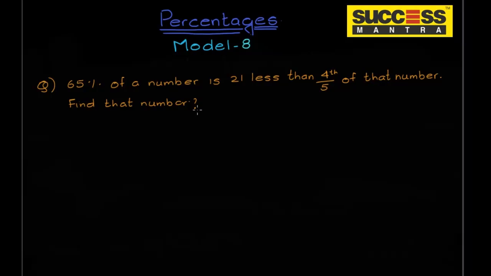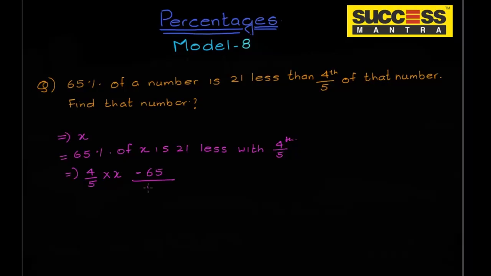Let's assume the number is x. Then 65% of x is 21 less than 4/5 of that number, which means 4/5 into x minus 65 divided by 100 into x.